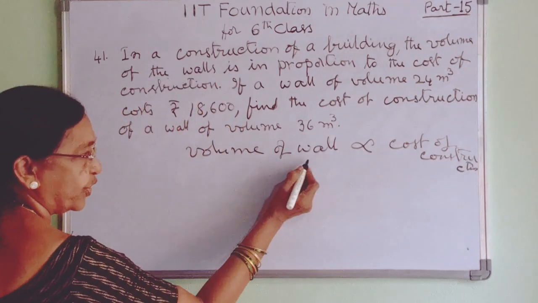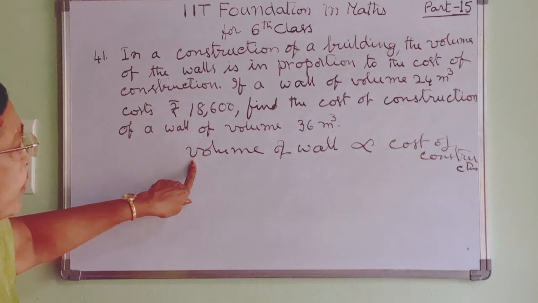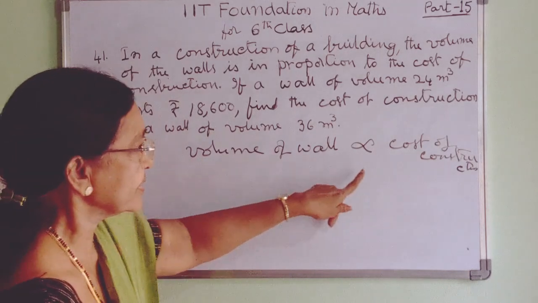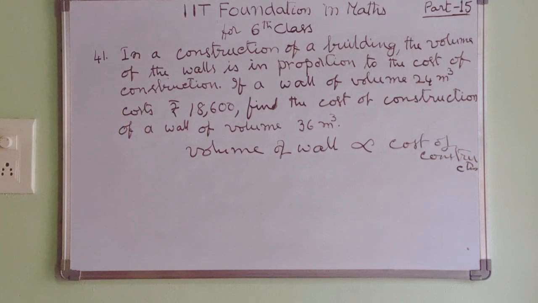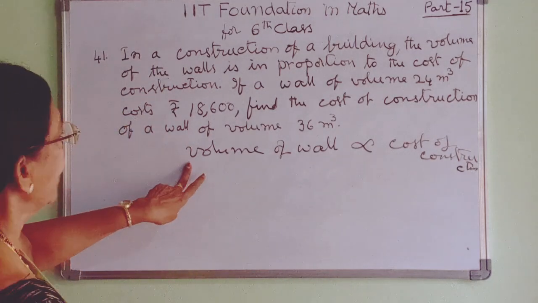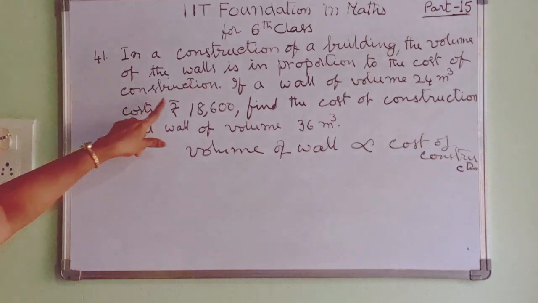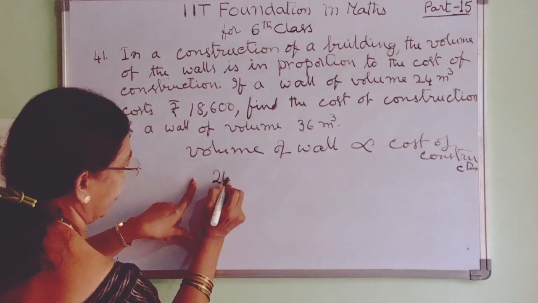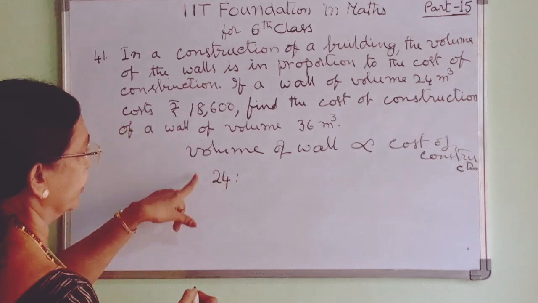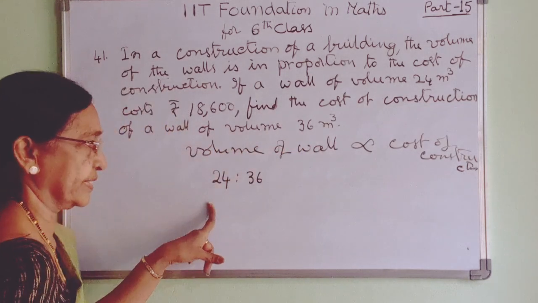Therefore, the ratio of the volume of the wall is equal to the ratio of the cost of construction. The volume of the first wall is 24 meter cube and the volume of the second is 36 meter cube.